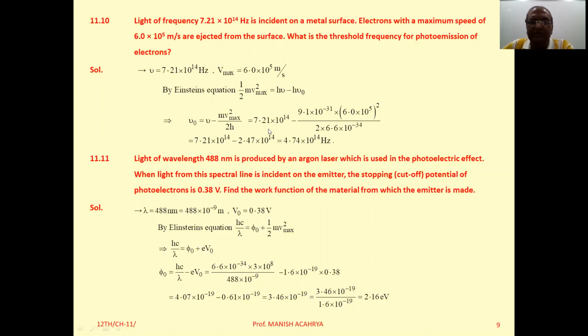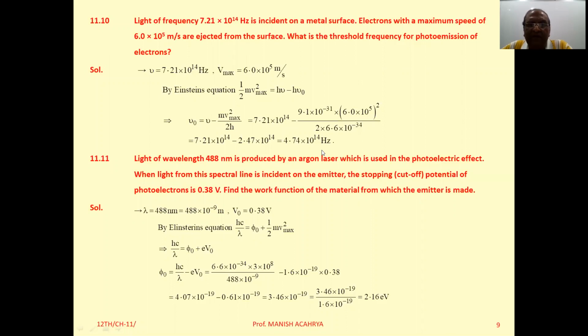Substitute the values. ν is given to you, 7.21 × 10^14. Then the mass of electron, v_max is given to you, 6 × 10^5, square of it, divide it by 2, substitute the value of h and then solve it. You will get the answer 4.74 × 10^14 Hertz. That is the threshold frequency.